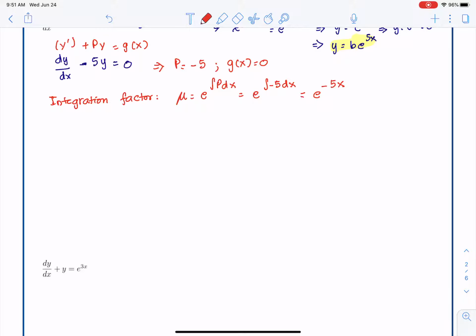Keep in mind, when we did the integration factor, we did not throw in a constant. We kept it as 1. So we found the integration factor. Now let's move on to the solution.